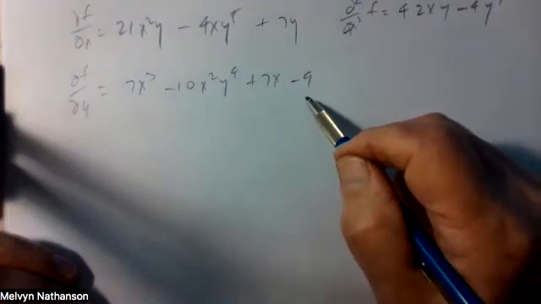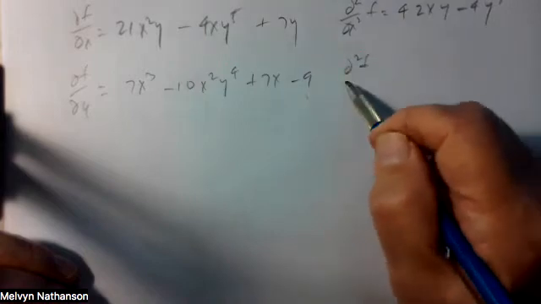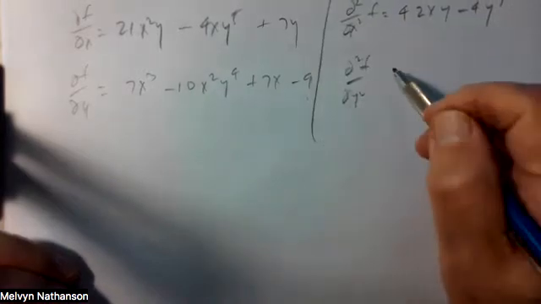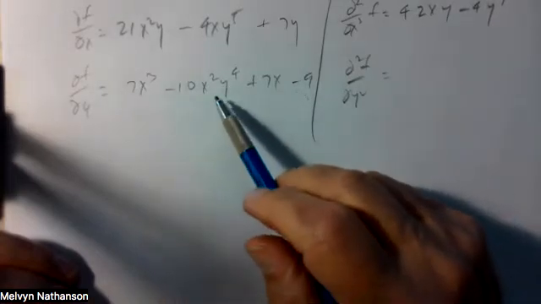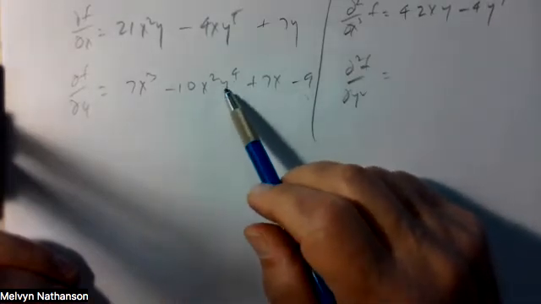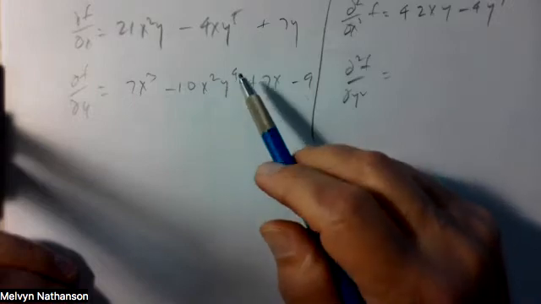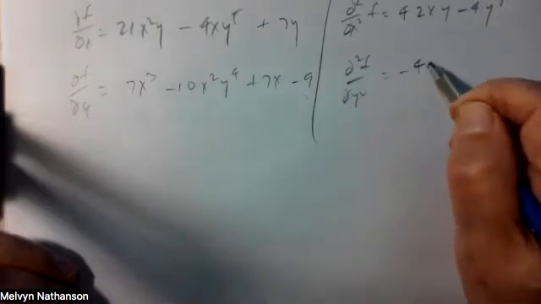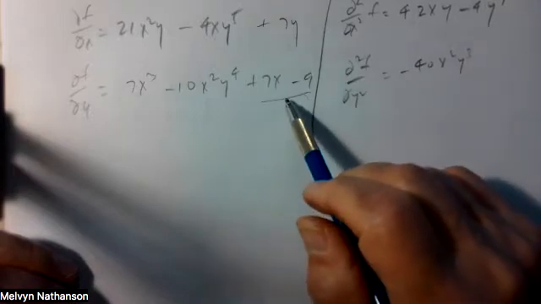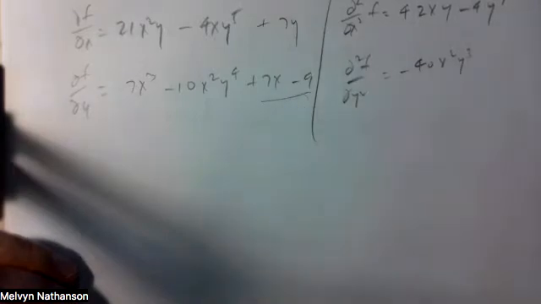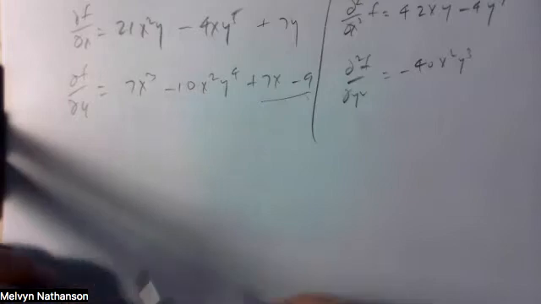If I differentiate this again with respect to y, this is 0. The derivative of y to the 4th is 4y cubed. So I get minus 40x squared y cubed. And these don't involve y, so their derivatives are 0. That's the second partial of f with respect to x.